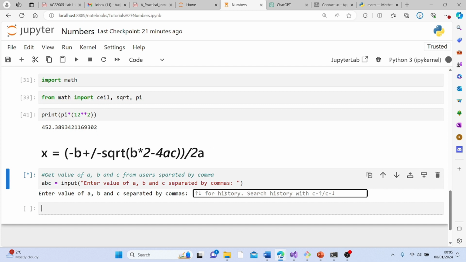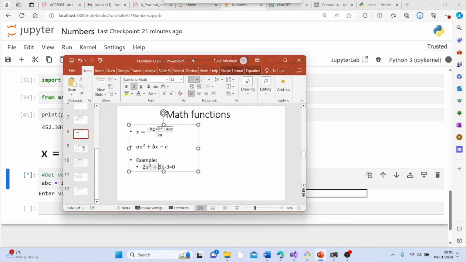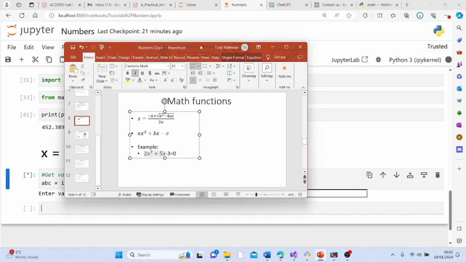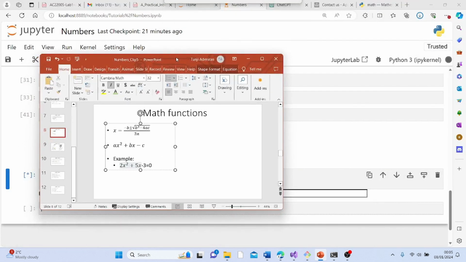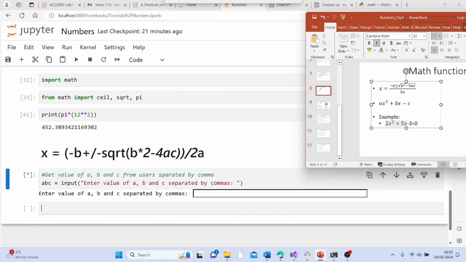So if a user wants to enter, he will enter A, B and C. Let's say our A in this equation that I showed you is 2, our B is 5 and our C is minus 3.